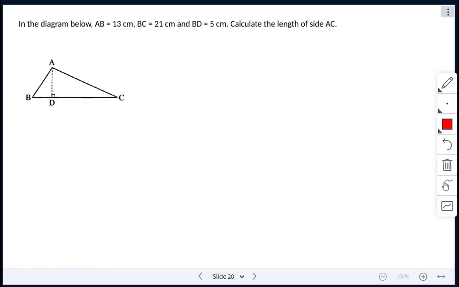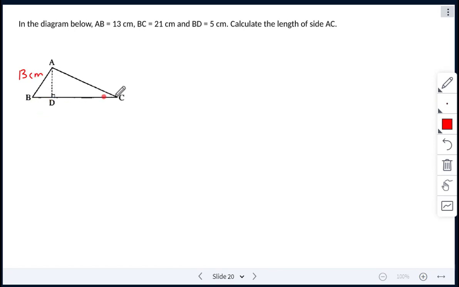So in this example, we have a triangle. If you look at the solid lines, it is not a right angle triangle. So we are told that AB is 13 centimeters. So I'm just going to label that 13 centimeters there.